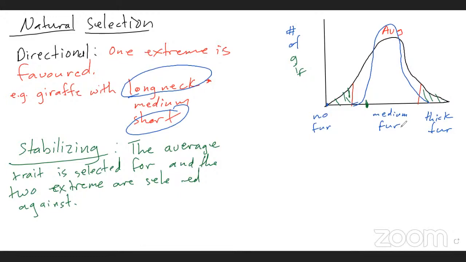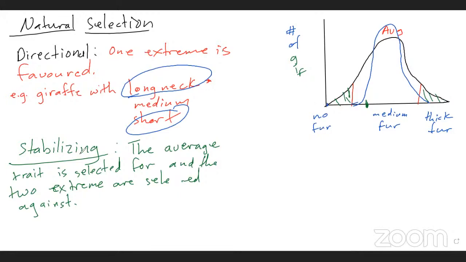So when the time is really hot, what will happen to the animals with thick fur? They will suffer. They will overheat. When the time is really cold, what will happen to the animals with no fur? They will die out.